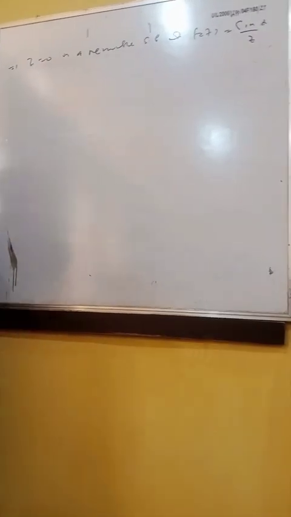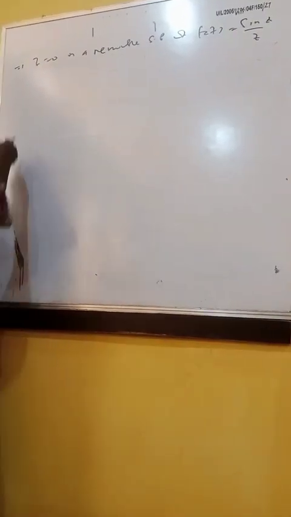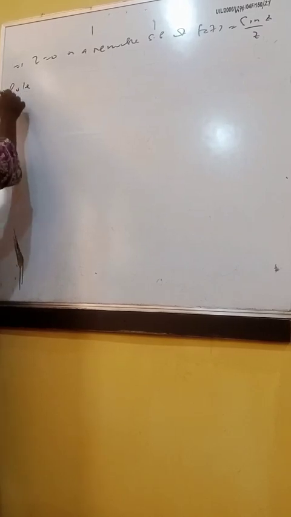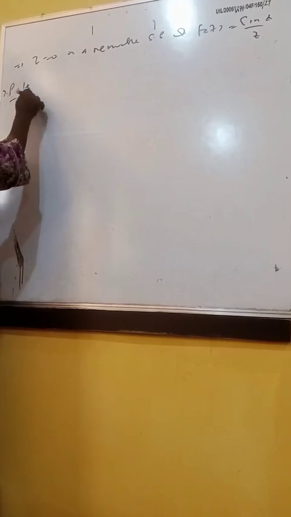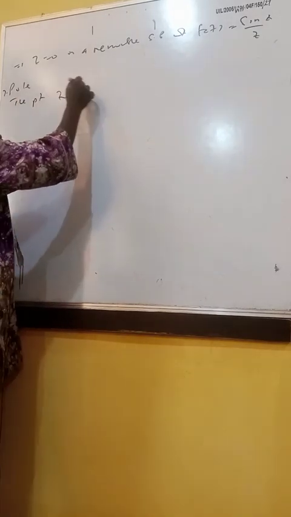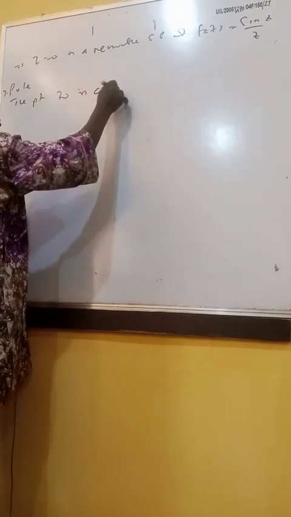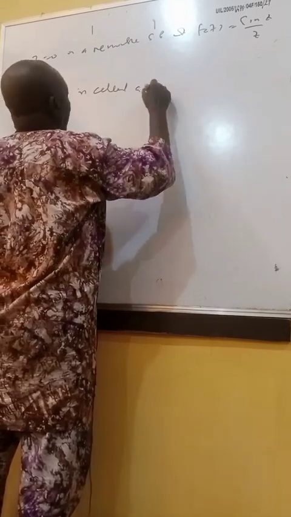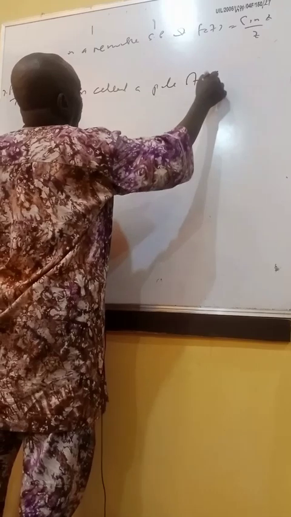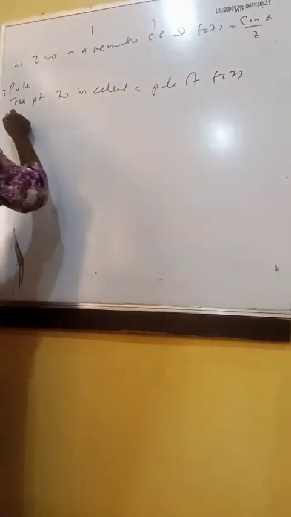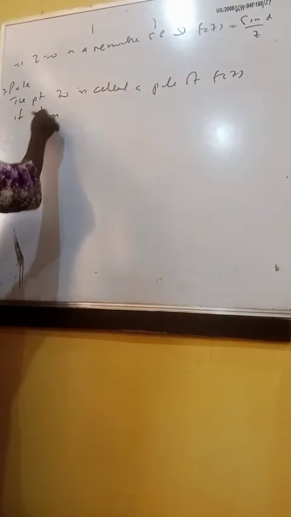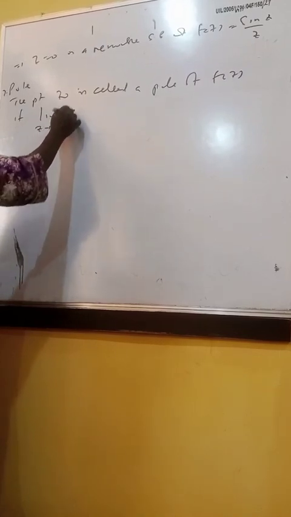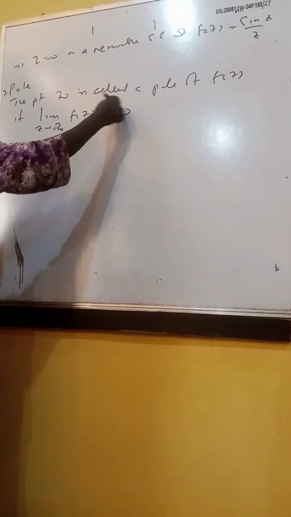Then the second classification is what we call a pole. The point z0 is called a pole of f of z if the limit as z tends to z0 of f of z is equal to infinity.